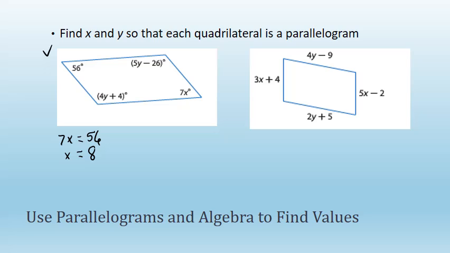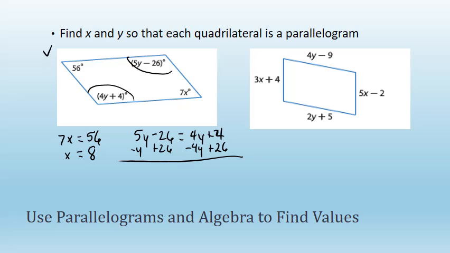Now, what about the y's? Well, again, this is this angle measure, this is this angle measure. They must equal each other. So we could set this up this way. 5y minus 26 equals 4y plus 4. And let's add 26 to both sides, and let's subtract 4y from both sides.